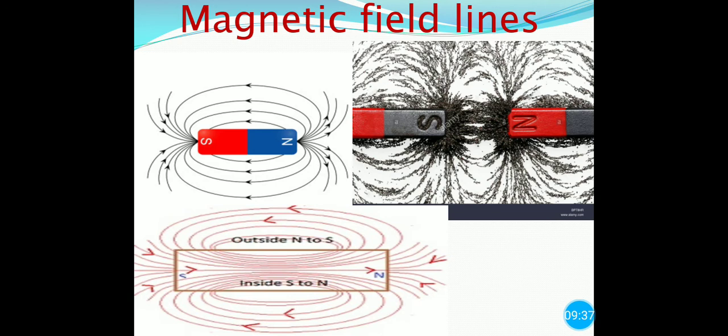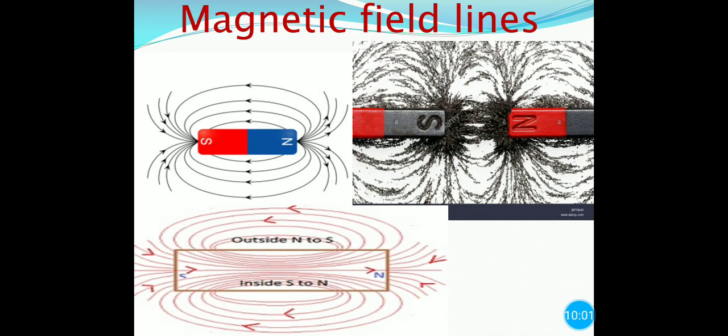My dear students, you are seeing in this picture a magnet is placed and some iron filings are sprinkled on the magnet. Then the shape of the magnetic field lines, friends, is of this type.